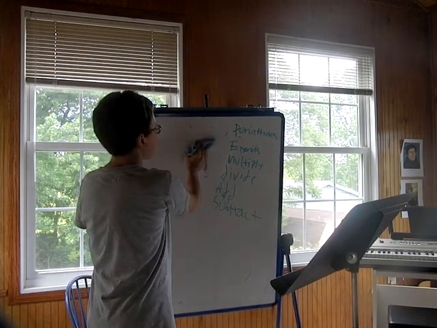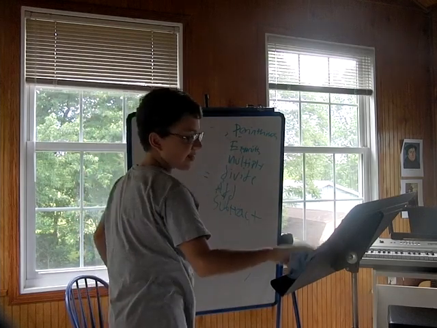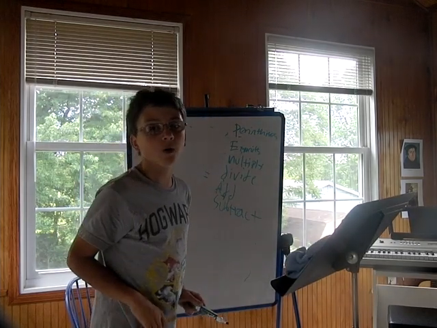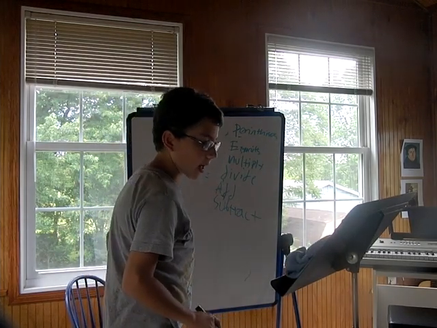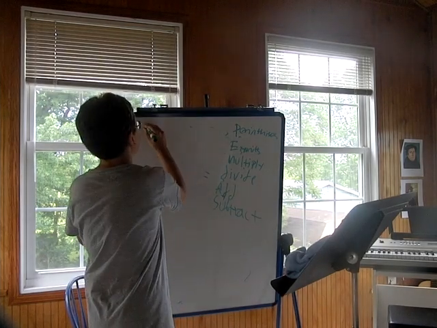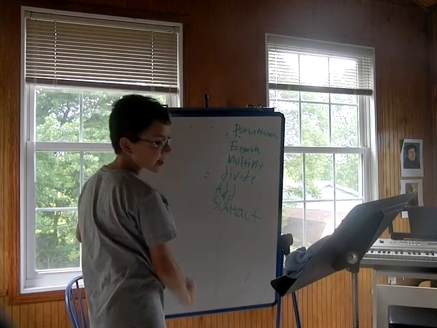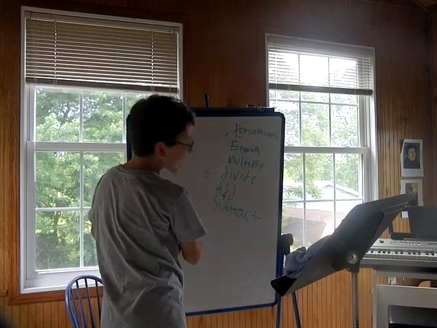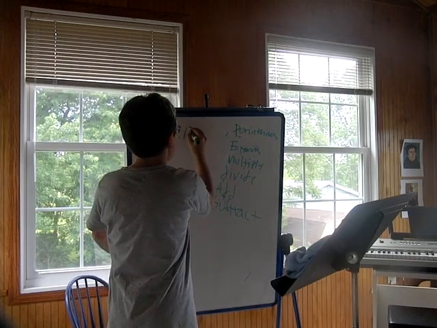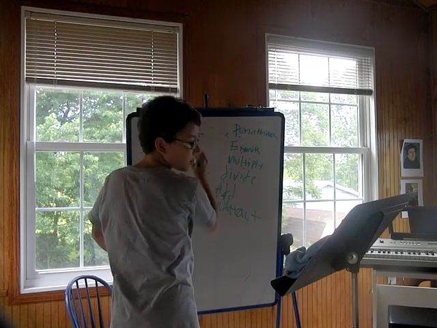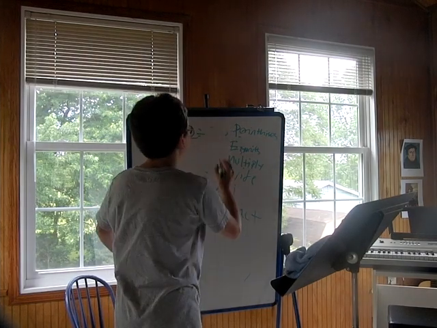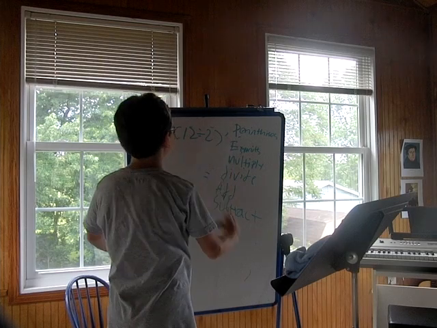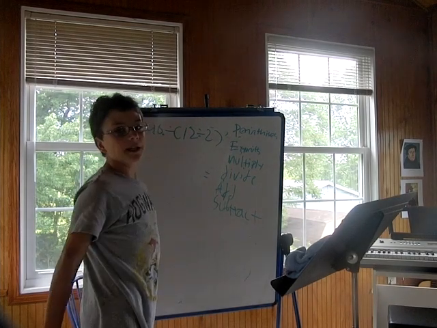Now we're going to do another one. And this time we're going to do it with parentheses. So this one is 48 divided by 12 divided by 2. So what are we going to do first?